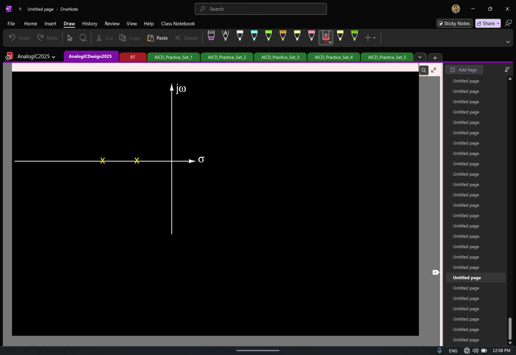So now I have two poles. Again, root locus starts from these two points, and where should they terminate? Again, they should terminate at zeros. Where are the zeros here? Infinity. So they should go to infinity. It can go to infinity either on the real axis or in the S plane. Let's figure out the portion on the real axis. Can I have a root locus plot here? So I can only have it here.